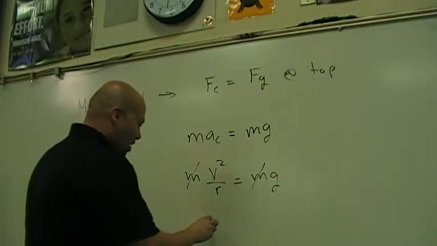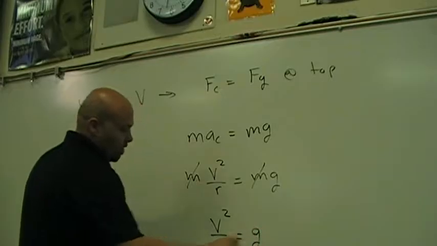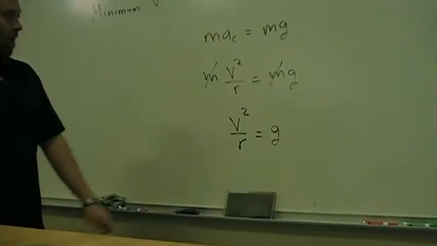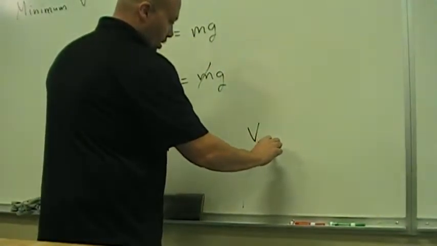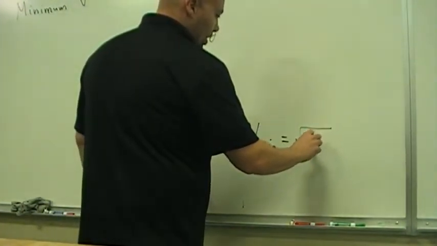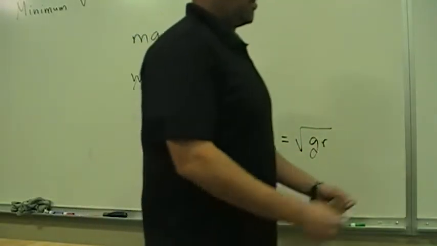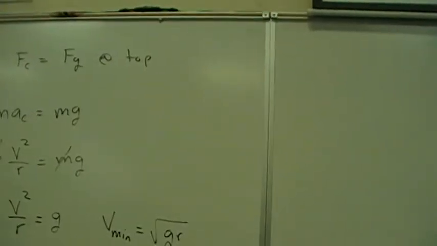So we have v squared over r equals g. And if we solve for v, we're going to get the square root of gr. Seems like in all these problems, that's our answer. Maybe there's a tangent theta in there, or a mu in there.